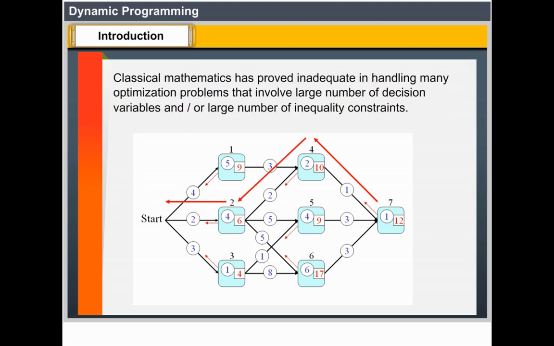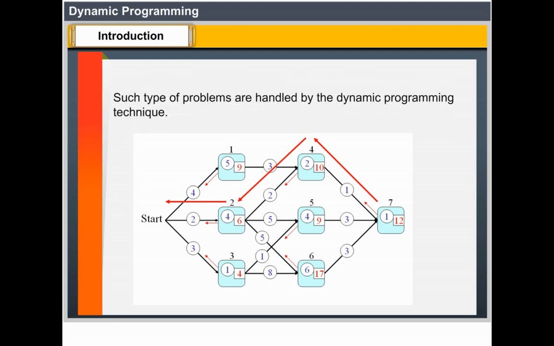Classical mathematics has proved inadequate in handling many optimization problems that involve a large number of decision variables and/or a large number of inequality constraints. Such types of problems are handled by the dynamic programming technique.